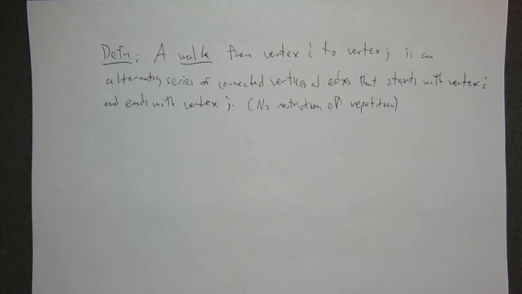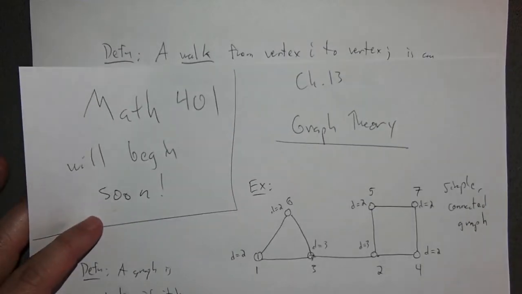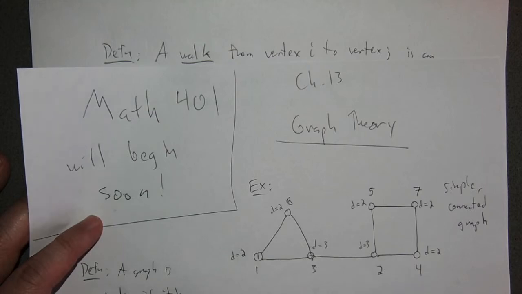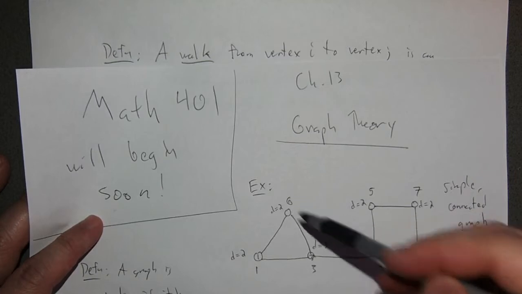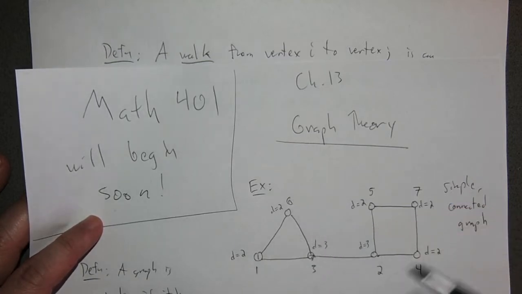So going back to our example, so here's my graph. A walk from 1 to 2. Here's one. I go from 1 to 3 and 3 to 2. That's one walk. Another is I go from 1 to 6, from 6 to 3, and from 3 to 2. Another is I go from 1 to 6, 6 to 3, 3 to 1, 1 to 6, 6 to 3, and 3 to 2.